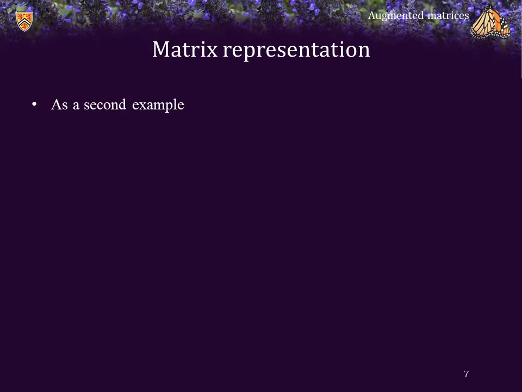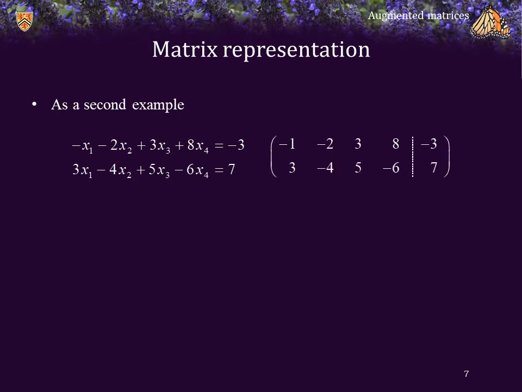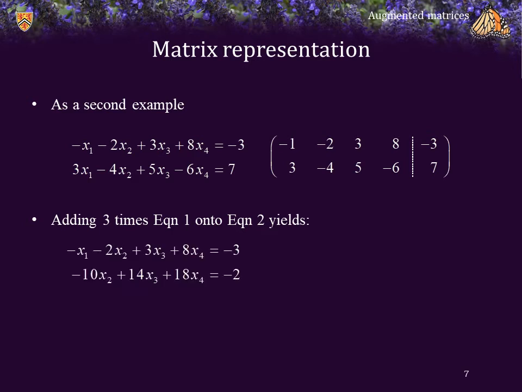As a second example, consider this system of two equations in 4 unknowns. Again, here's the corresponding augmented matrix. Solving this, you would add 3 times equation 1 onto equation 2 to yield this equivalent system of linear equations. Now, at this point, this also has a corresponding augmented matrix.